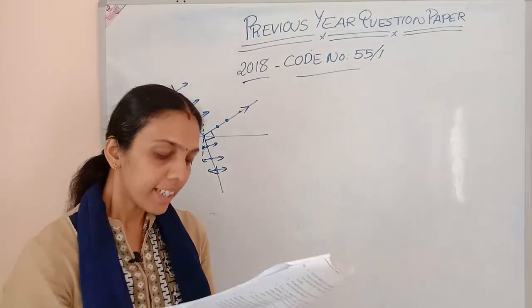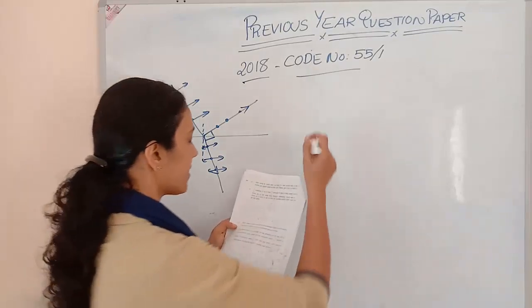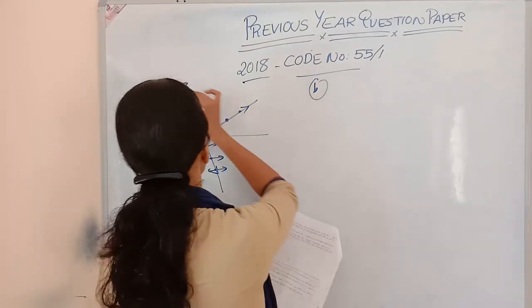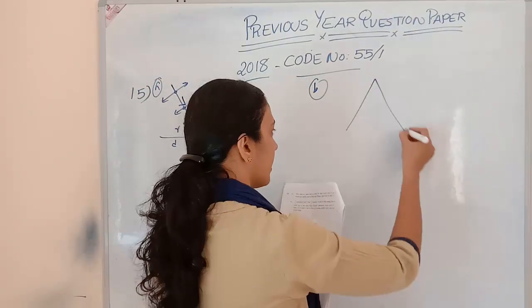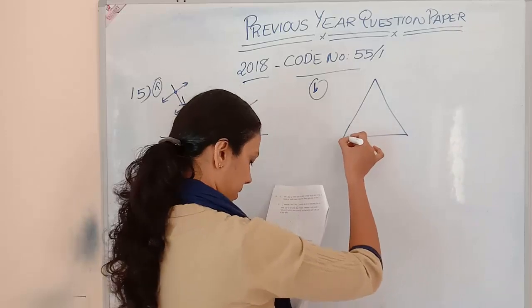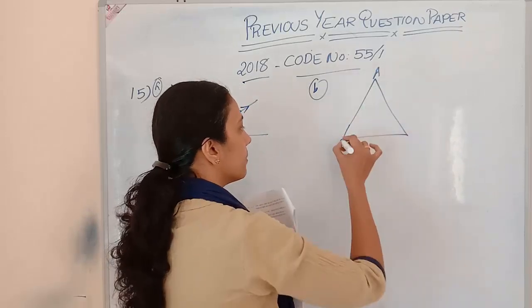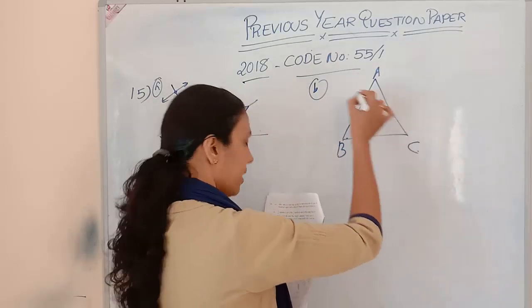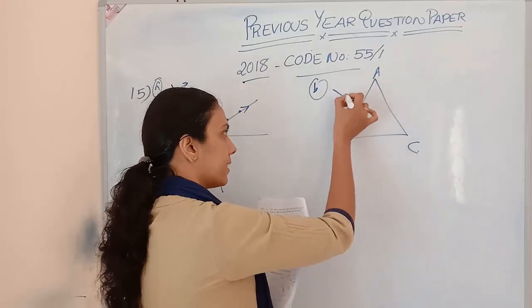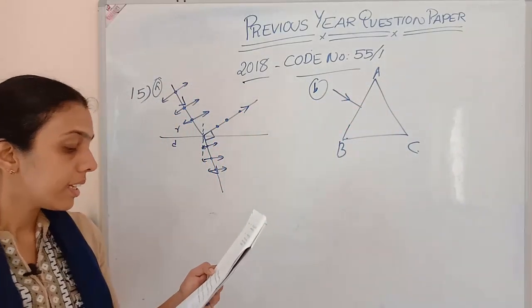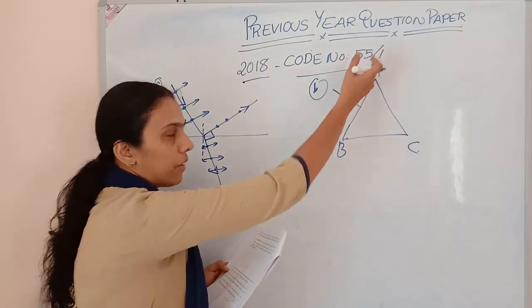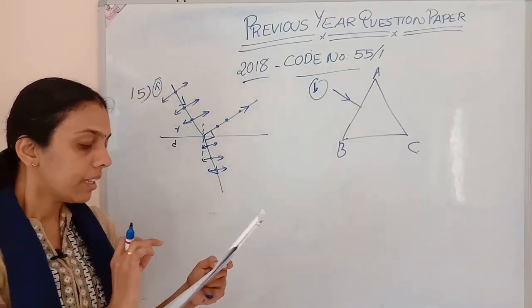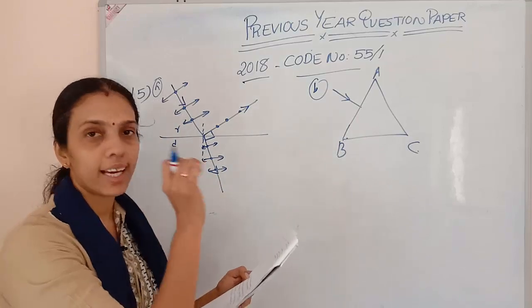A diagram is given here, like this: A, B, C, and a ray of light is incident here. The ray of light is falling normally on the face AB and it is an equilateral prism.